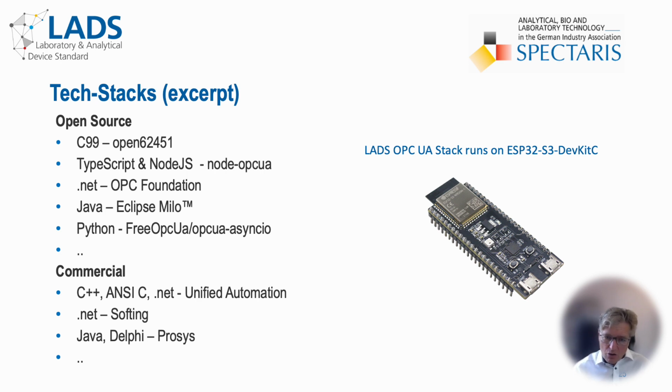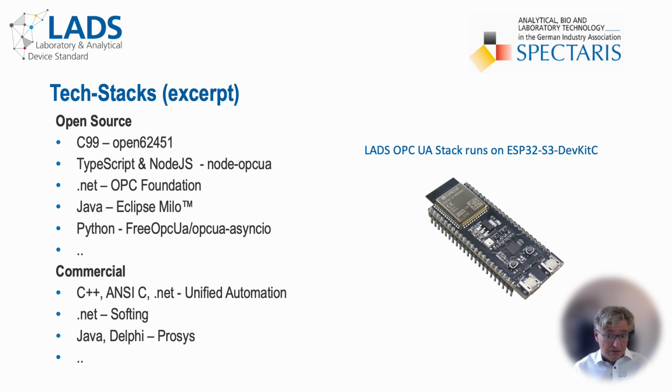When exploring open source tech stacks, you'll find implementations for many popular programming languages. For the programming language C, you could utilize the Open62541 stack. For TypeScript, running on Node.js, there is Node-OPCUA.